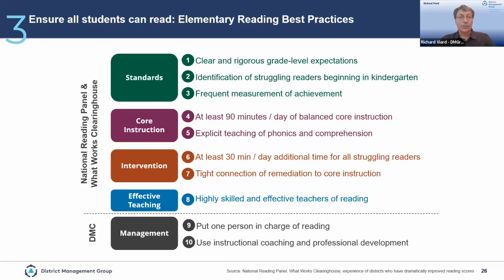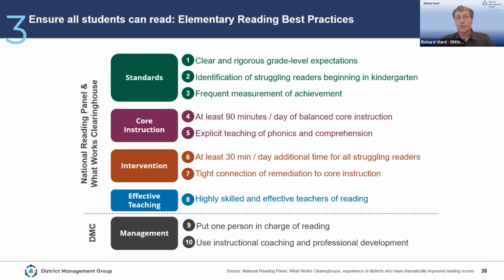Core instruction. We talked about the importance of Gen Ed, but a very strong Tier 1 core instruction, at least 90 minutes of reading a day for balanced core instruction and explicit teaching of phonics and comprehension. So a strong curriculum in reading. And then having that intervention time, so at least 30 minutes of additional time, not during the 90 minutes of reading, but in addition to, for students who struggle.